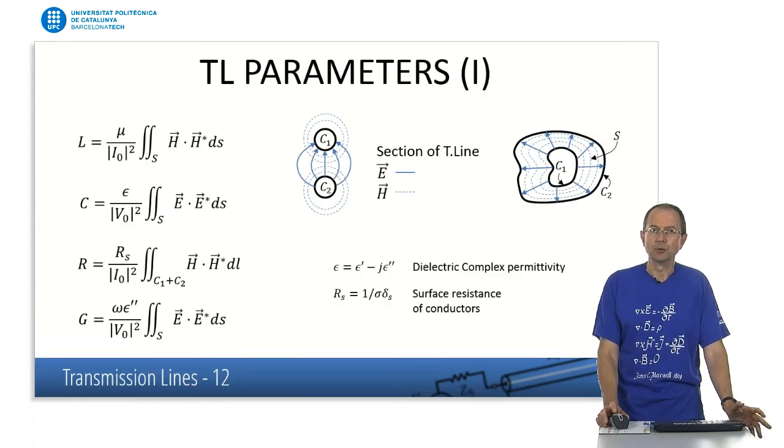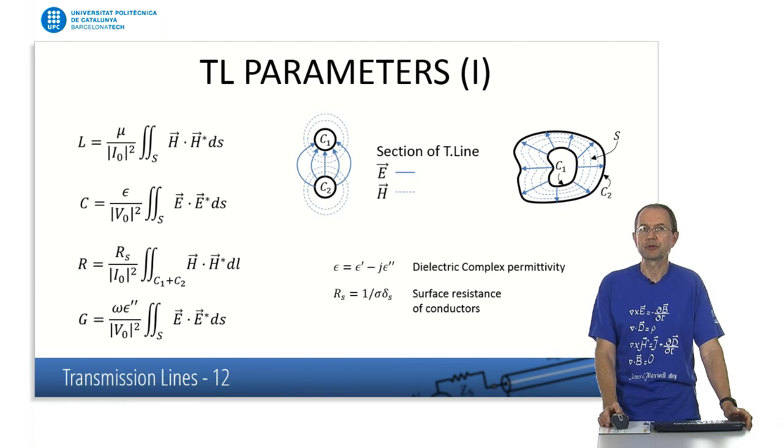Let's take a look at these constitutive electrical parameters of the transmission line. We have been talking about inductance, capacitance, the resistance of the conductors, the conductance of the dielectric. How are these parameters determined?